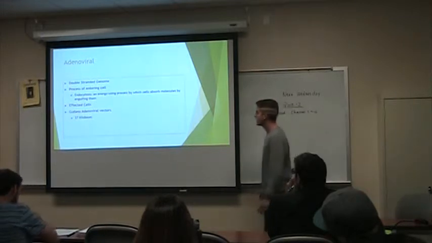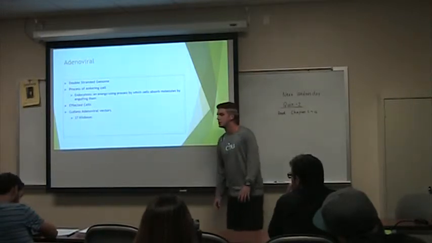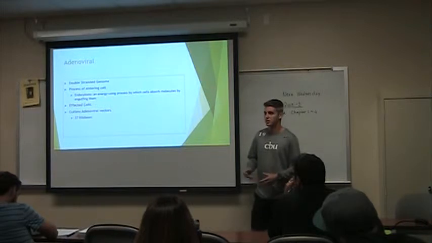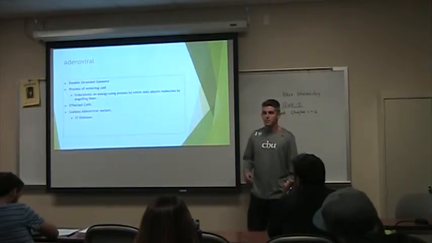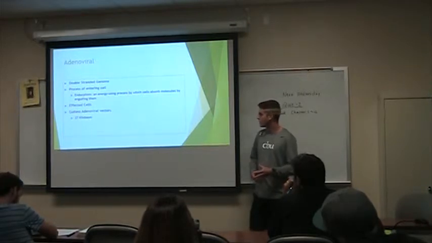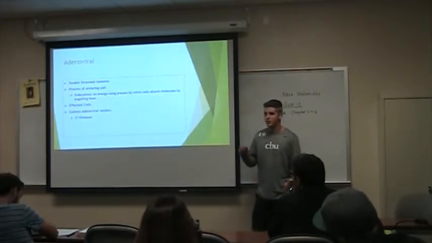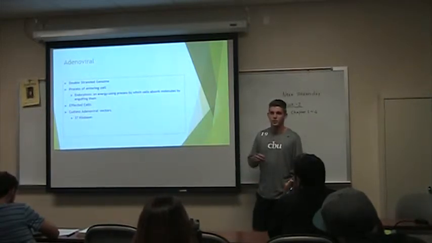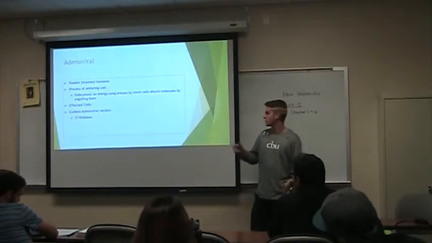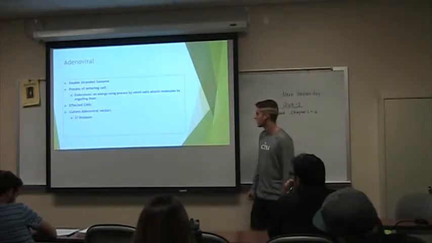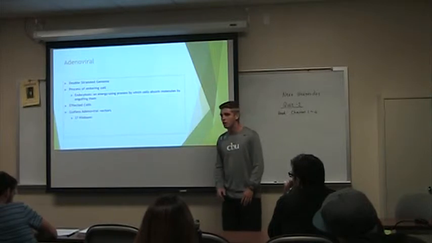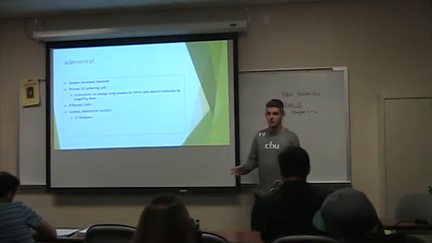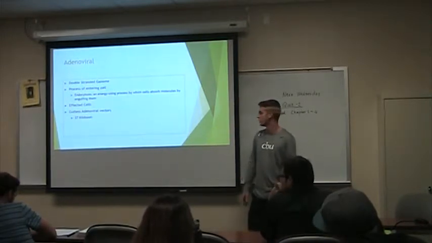So adenoviral has a double-stranded genome and uses a different process of entering the cell once injected. It uses a process called endocytosis, and it enters the cell as an endosome, and then after transcribing the DNA, enters the nucleus and starts producing the protein. The affected cells are both dividing cells and non-dividing cells, so it works in both in vivo and ex vivo.